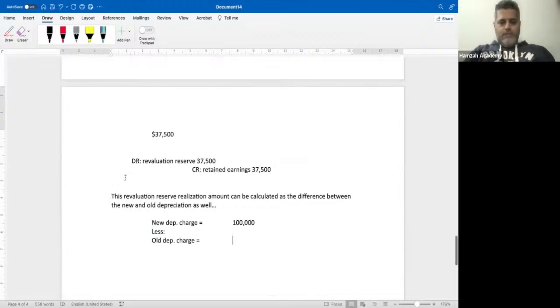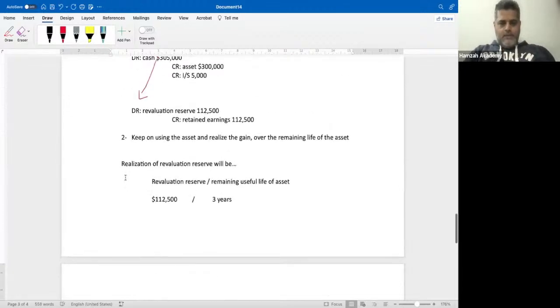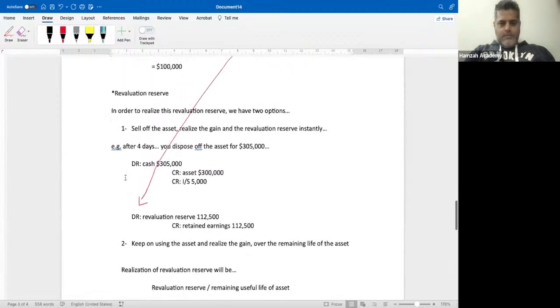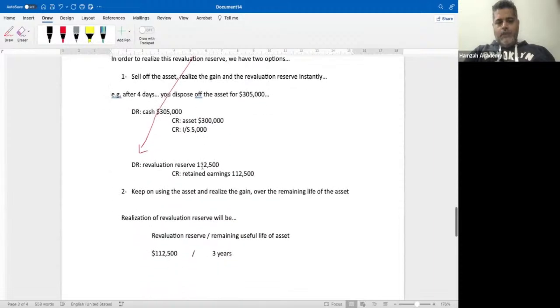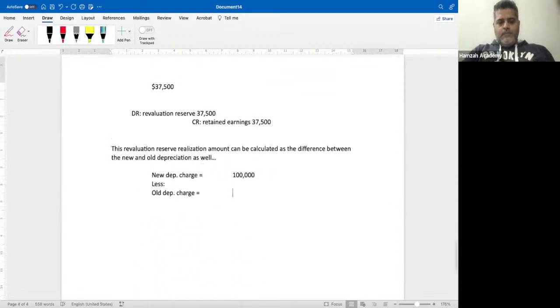What is the old depreciation charge we had? 62,500, right? The difference, I don't have to calculate, I know: 37,500. See? So this can be calculated as the difference between the old and the new depreciation charge as well, right?